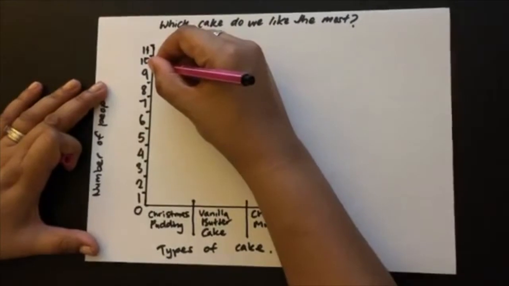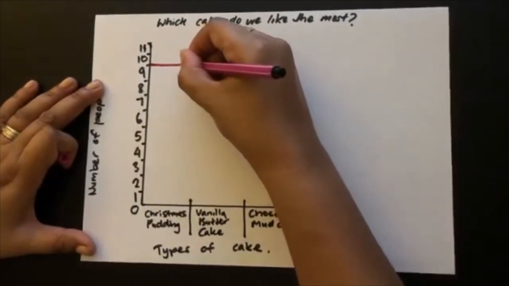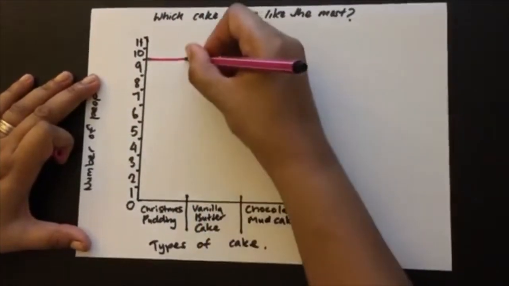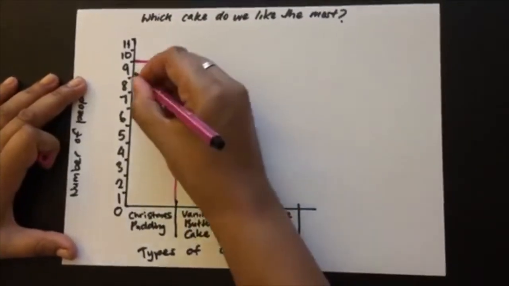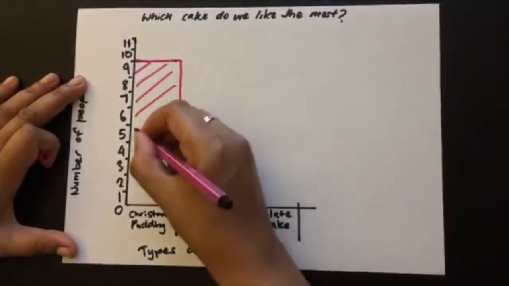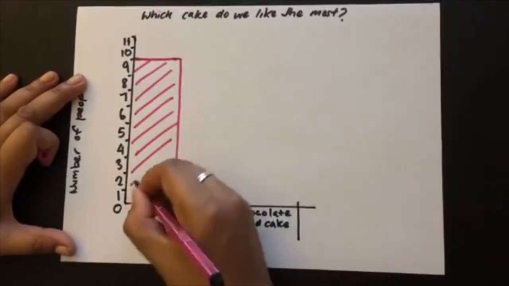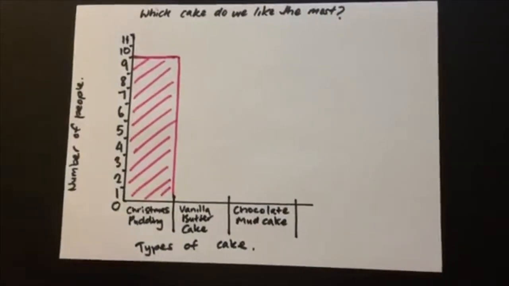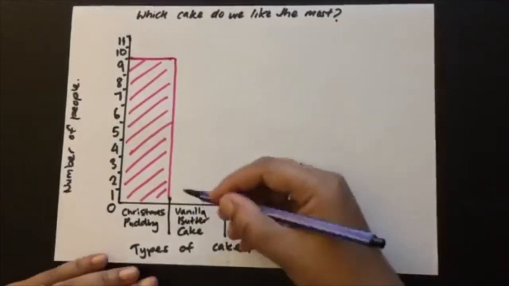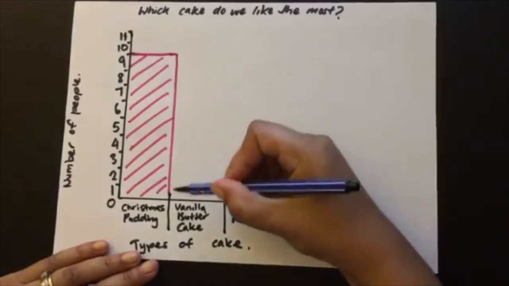From here we're going to draw a line to where we think matches here and go straight down. And then we do a quick colour in, like so.